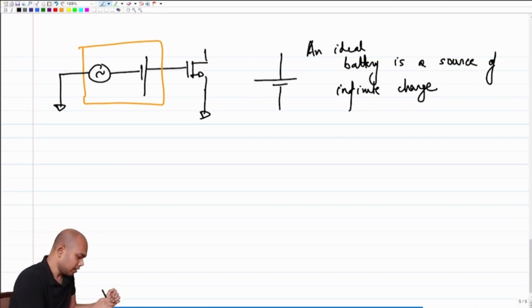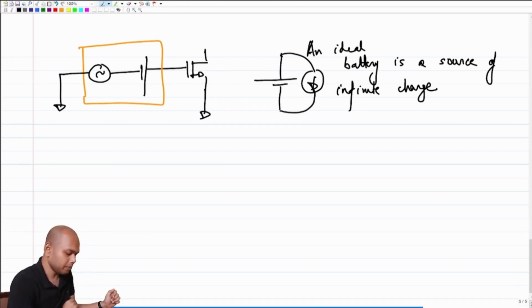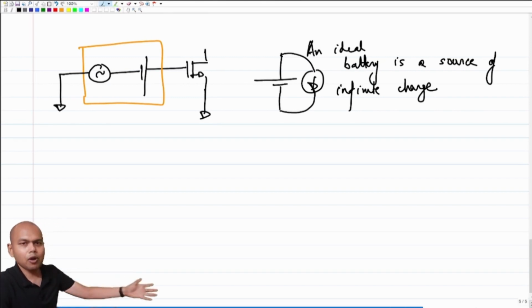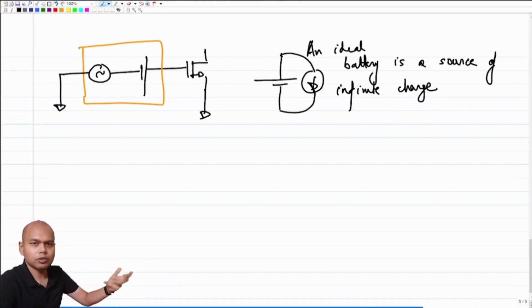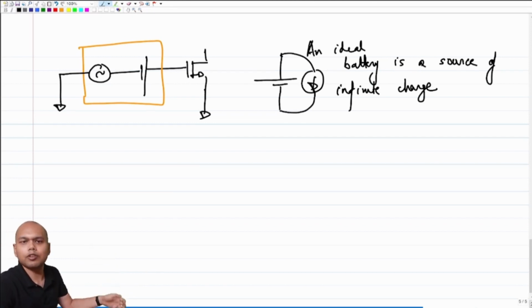Because if I put a current source in parallel with it, and I keep on drawing, what is the current source doing? The current source is drawing charges out of the battery.